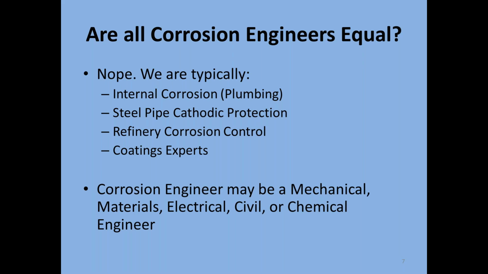So there's a lot of different types of corrosion engineers. Some corrosion engineers are mainly into forensics, failure analysis, and soil chemistry analysis to predict corrosion rates and to provide corrosion control recommendations based on those results. There's not too many of us, that's for sure.